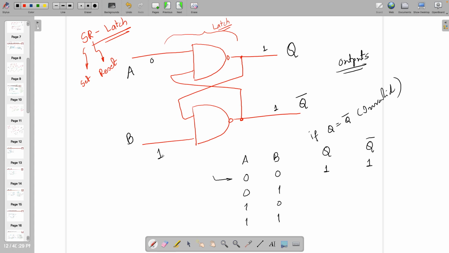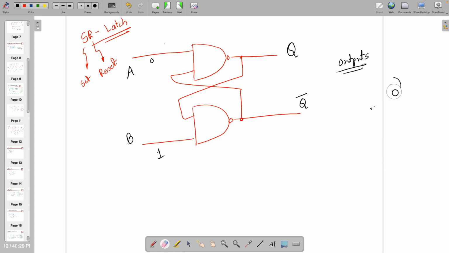So after some time only it will give the output. If I am applying the same theory over here, whatever was the previous Q at time t equal to 0, let's draw that, it will be easier. So I am drawing Q at time t equal to 0.